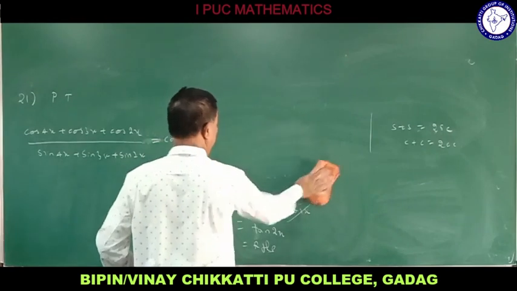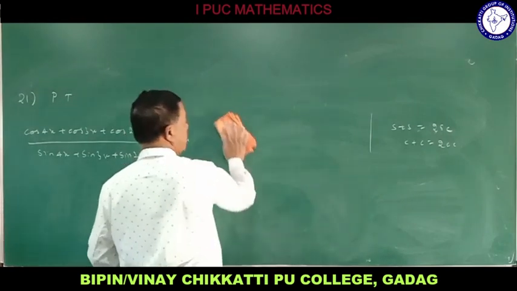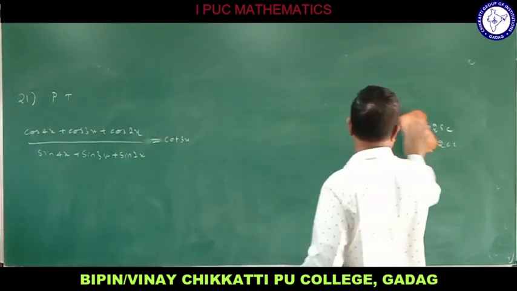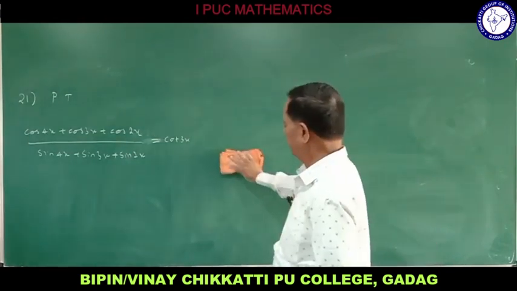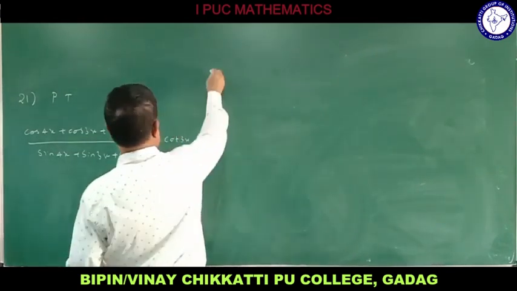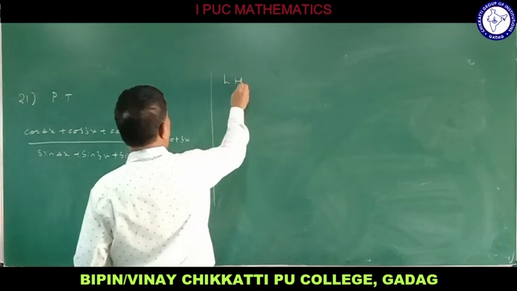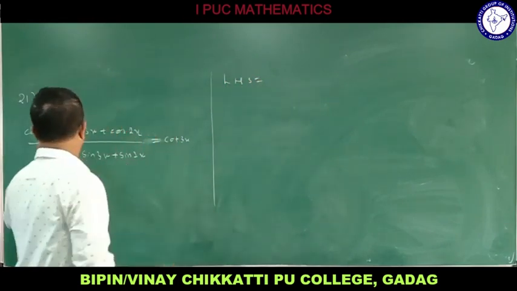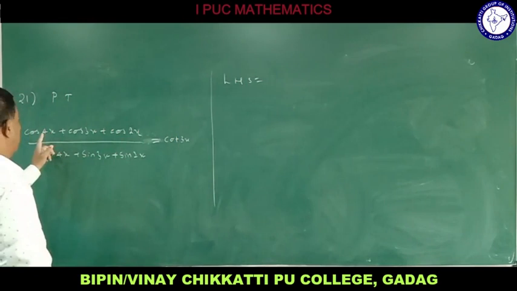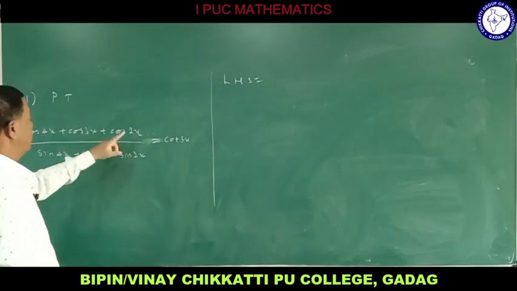Here a very effective formula is the transformation formula: product to sum, sum to product. See what is to be done first while taking the LHS. Here 4 plus 3, 7, is not possible, and 3 plus 2, 5, is not possible.